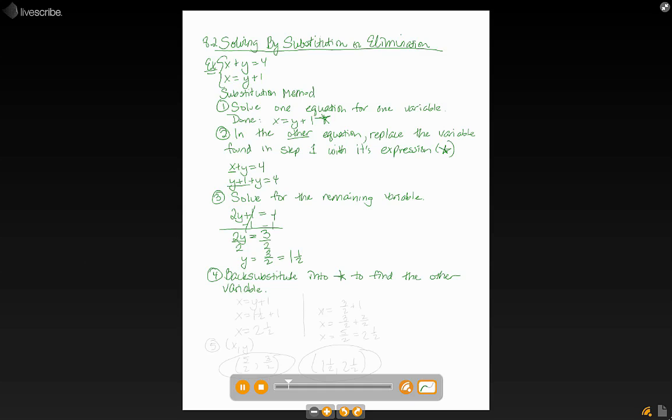Okay. So what was star again? Let's look at star. Star was x equals y plus 1 up here. Well, we just found out what y is, right? So you can plug in. We're not going to use 1.5, we're going to use an improper fraction. Well, either way works actually, right?